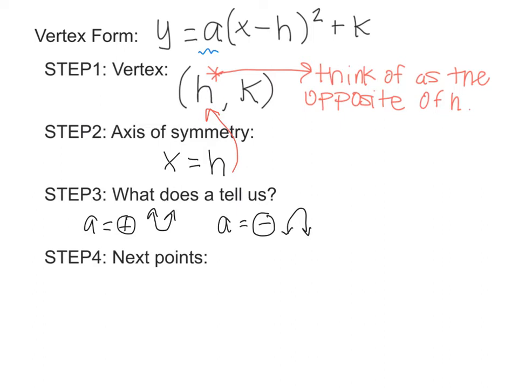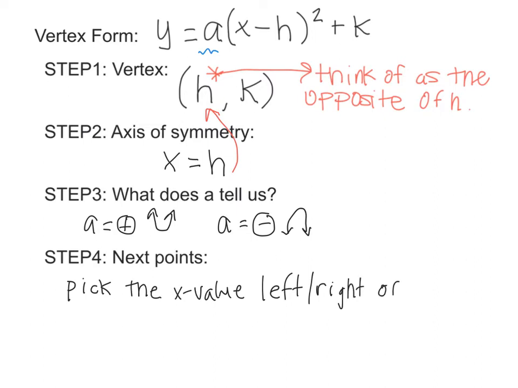So for our next points, just like on standard form, we are going to pick the x value that is either to the left or to the right of the axis of symmetry and plug it in.